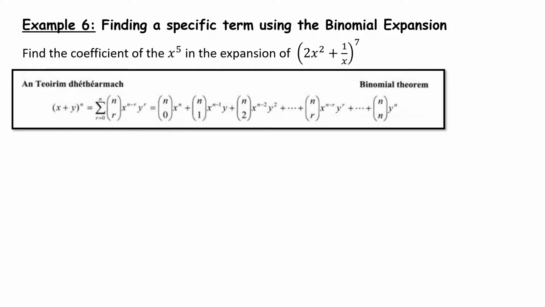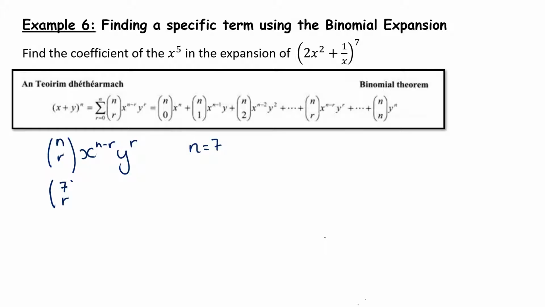So looking at page 20, I'm going to go again to look for the general term. So my general term is n choose r, x to the power of n minus r, y to the power of r, and we know in this case n is 7. So I'm going to fill in as much as I can. So I know I've 7.